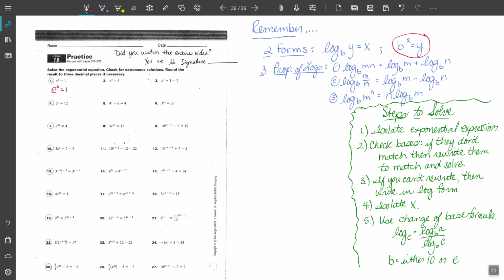On number 4, step 1 is taken care of. The exponential expression is by itself. So we'll move down to 2 and check the bases on these two.